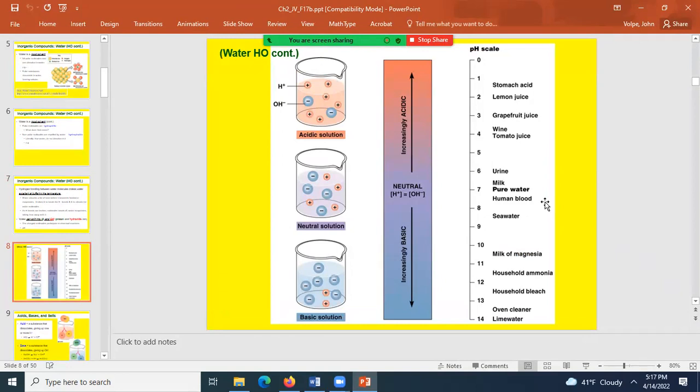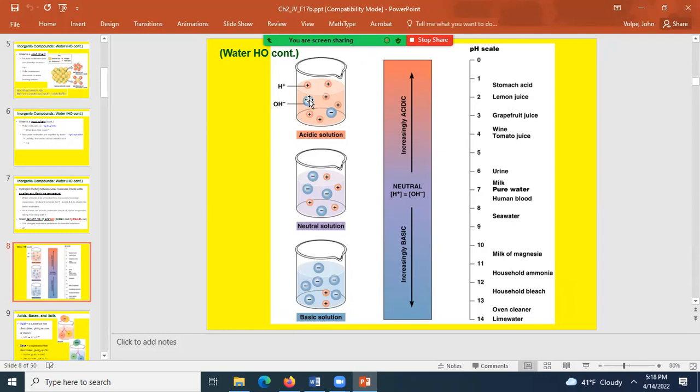pH is measuring the hydrogen ions in solution. The more hydrogen ions you have in solution, the more positive charges you have in the solution. The positive charge comes from the H+ of water or something breaking apart.